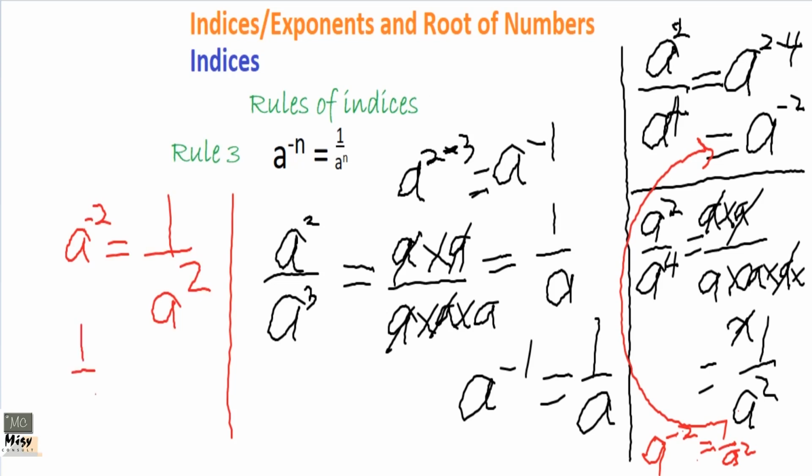The same way, if you have 1 over A raised to the power negative 2, it is the same as A raised to the power 2, because it will come up. It's like when you move a number from one side of the equal sign to the other, the sign changes. The same way, when you change an exponent from numerator to denominator, the exponent changes sign.